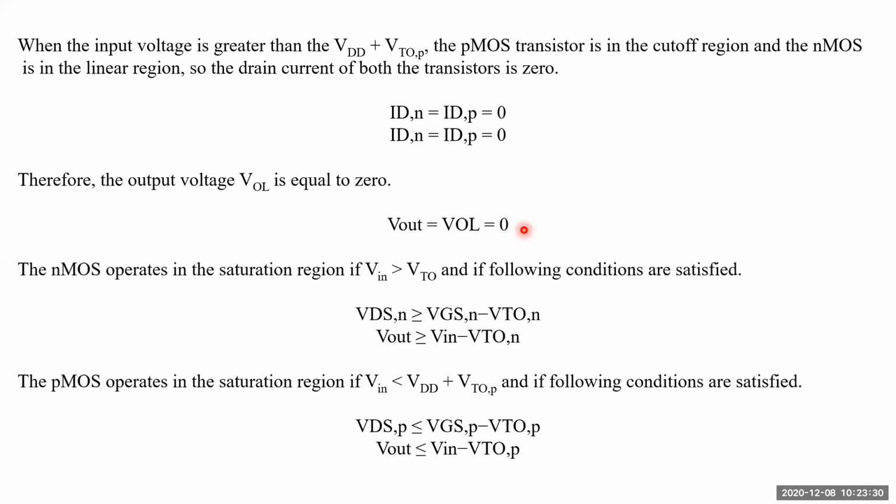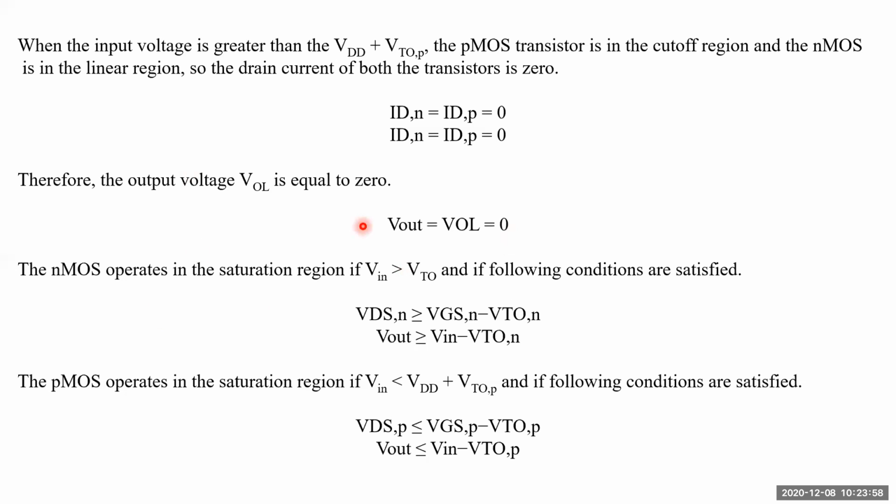We have a higher potential at the output and a lower potential at the ground terminal of the NMOS. Because of this difference in potentials, the charges move from the high potential area to the low potential area, and ultimately we will not have any output. Ultimately, Vout is equal to zero.